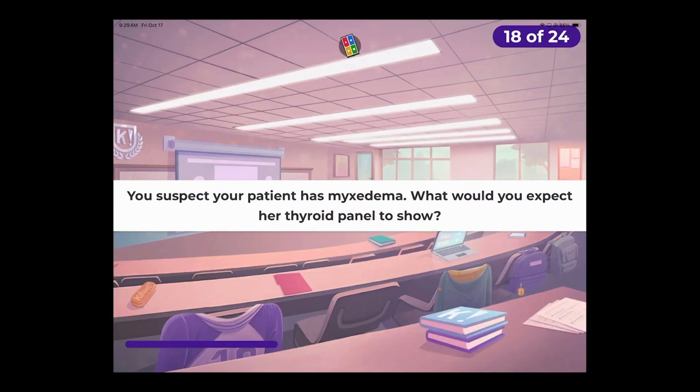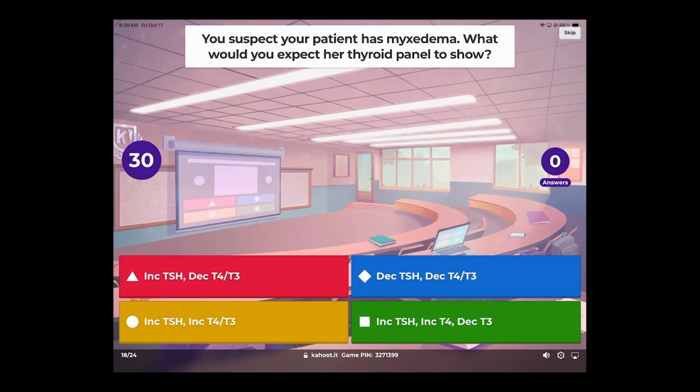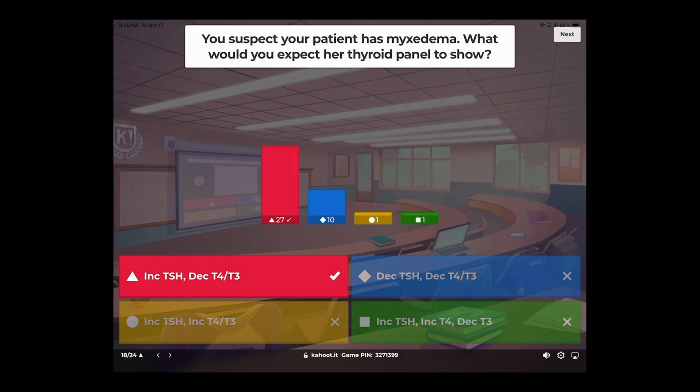You suspect your patient has myxedema. What would you expect her thyroid panel to show? Is myxedema hypo or hyper? Hypo. Okay.